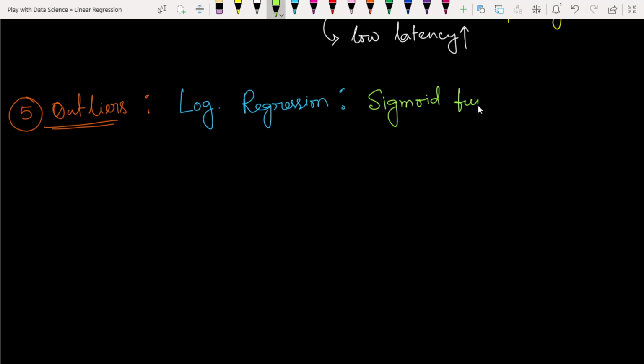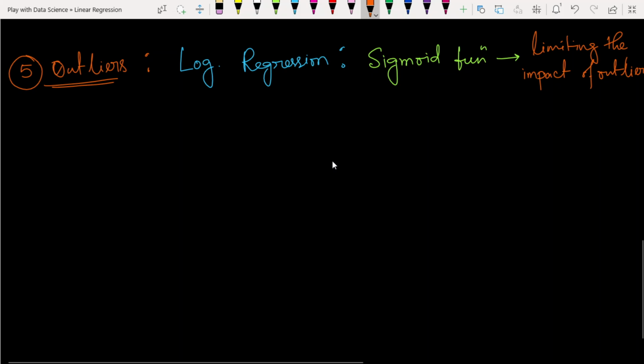We use the sigmoidal function to build the squashing technique, and it limits the impact of the outlier.